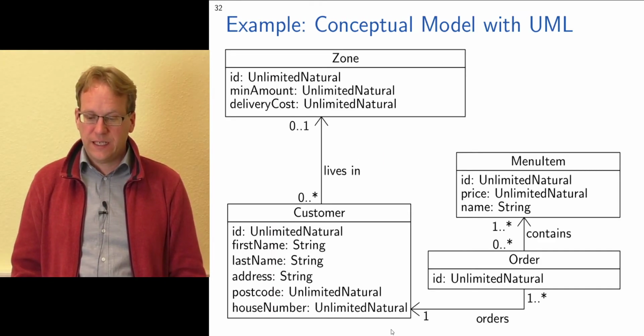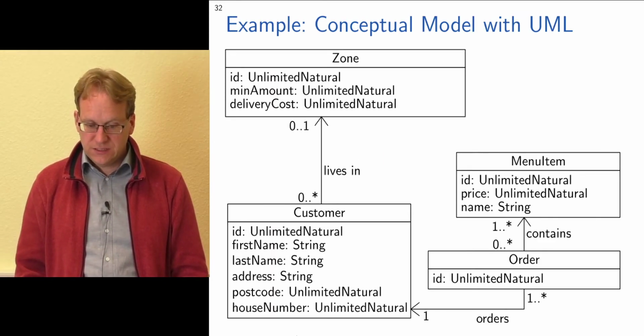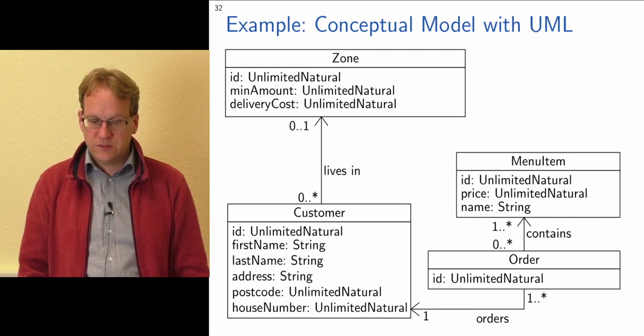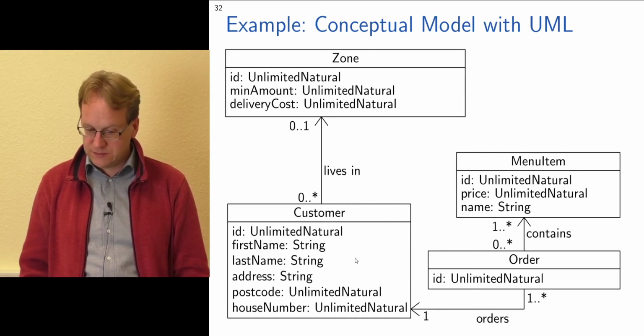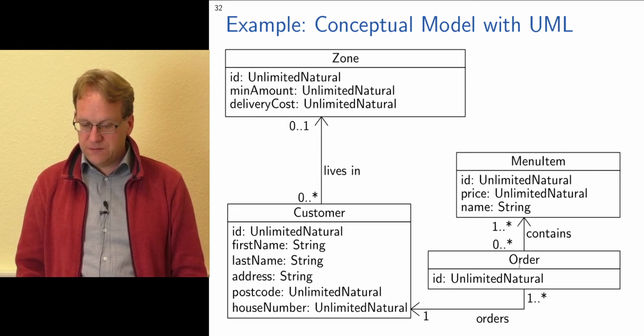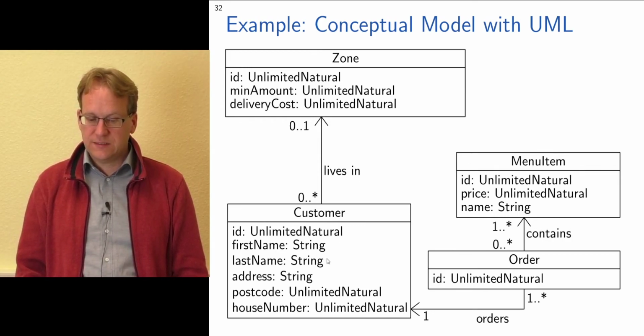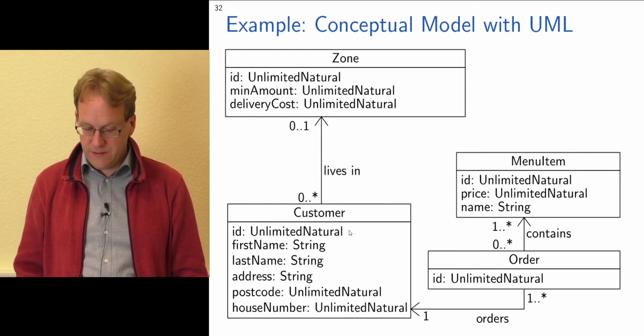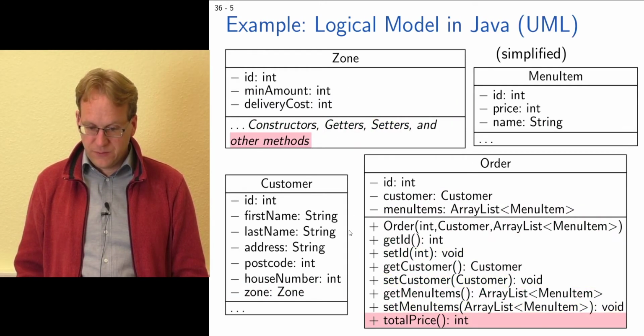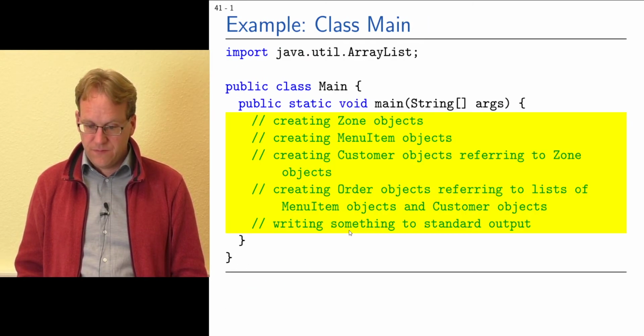That was our UML diagram. There we had associations, for example, from customers to zones and from orders to customers, so that we know for every order who was the customer who made that order. Yeah? And that is exactly what we have in the table structure.